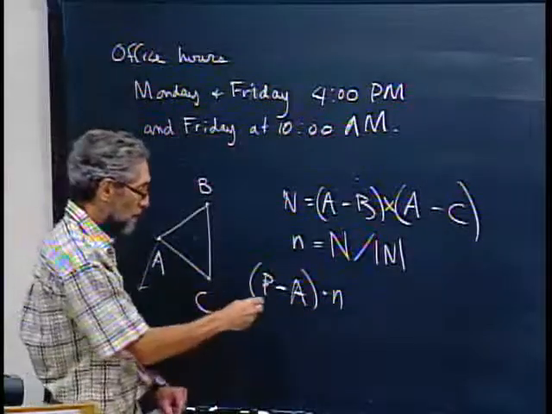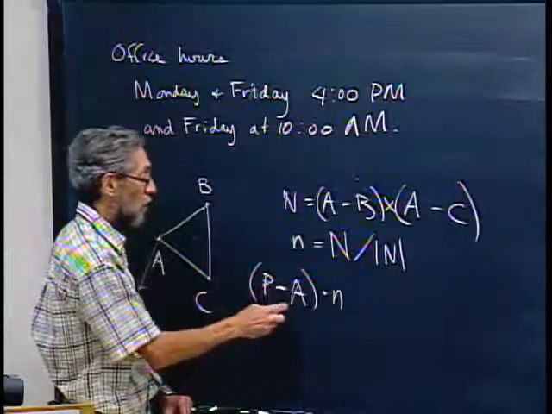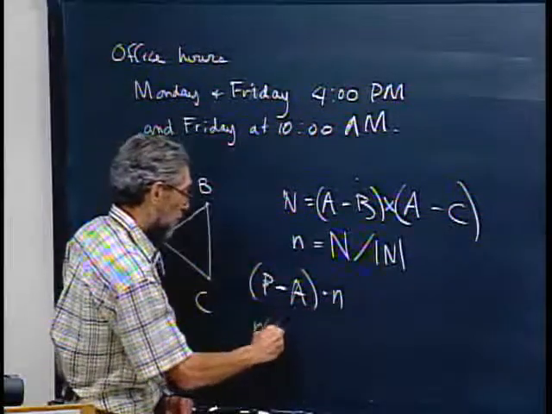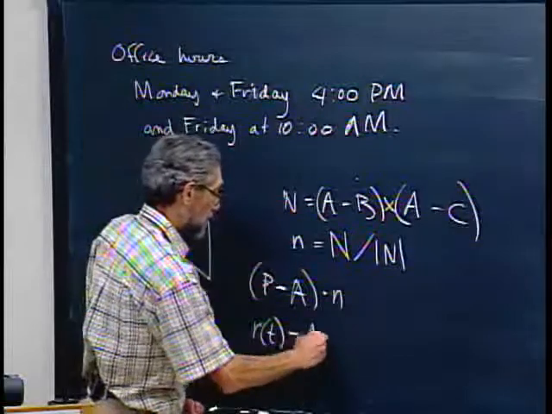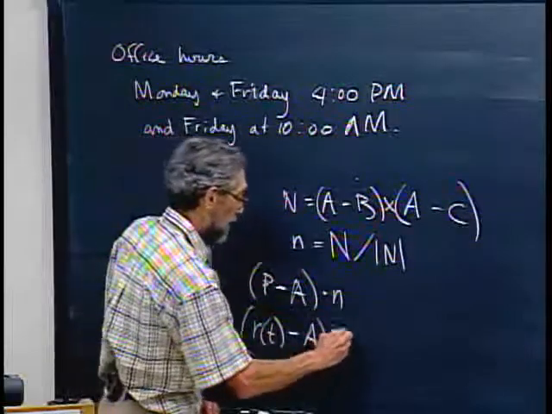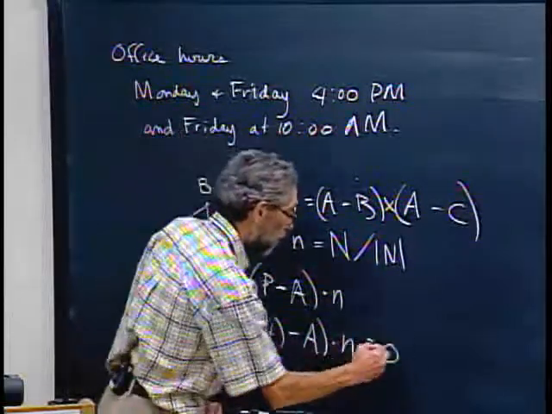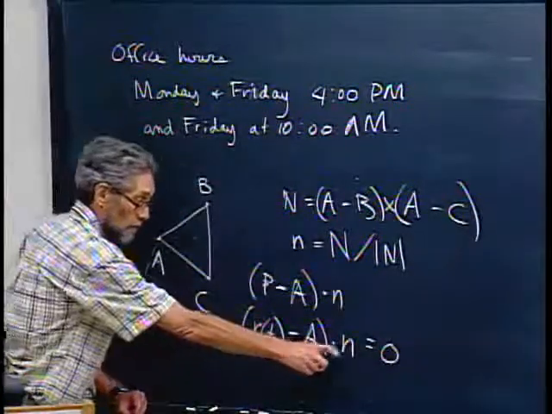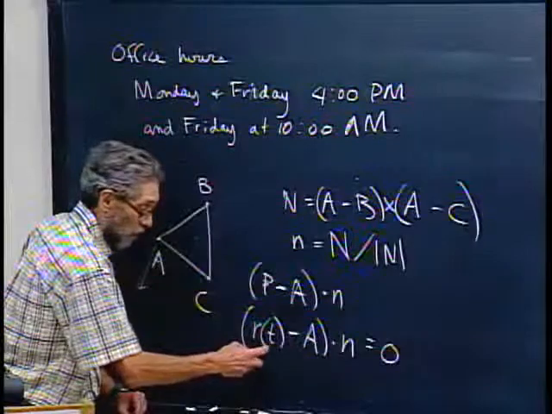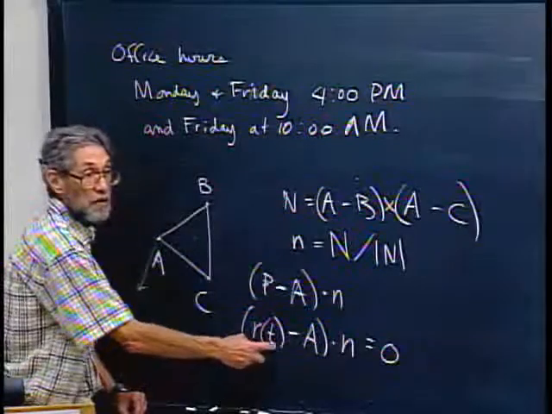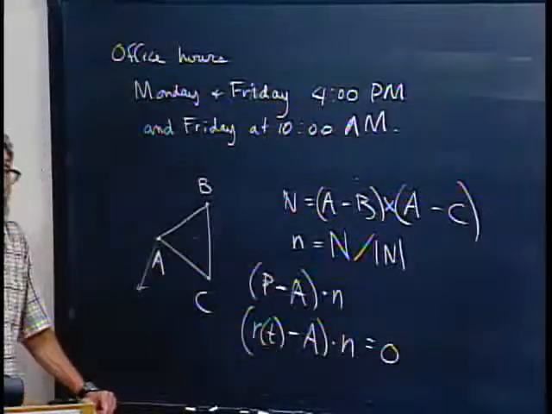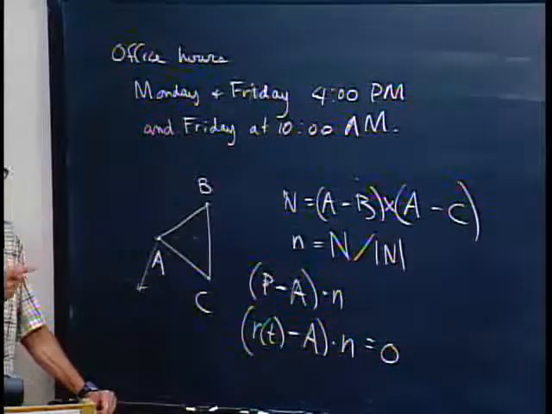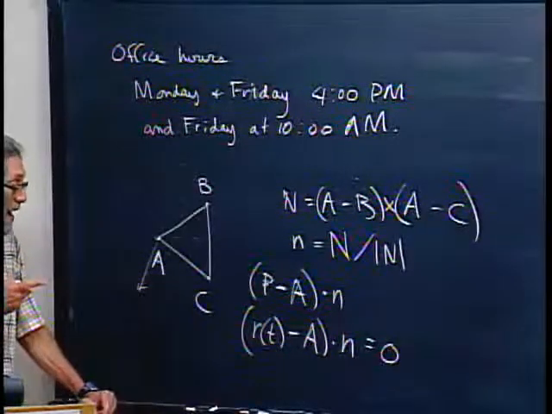So that means this is an implicit equation also for a point P. If we again put R of t minus any vertex of the triangle dot n equals 0, then we get a single linear equation, right? Because everything is constant and R of t is linear in t. So it's going to be a linear equation. And if we solve that linear equation for t, we're going to get how far along the ray.